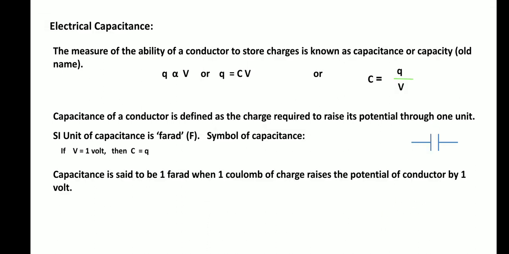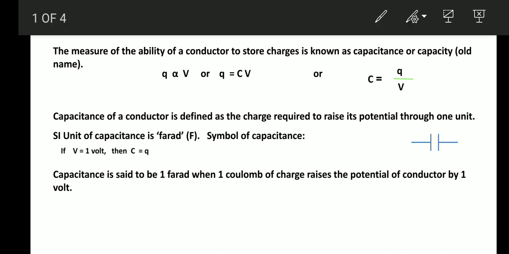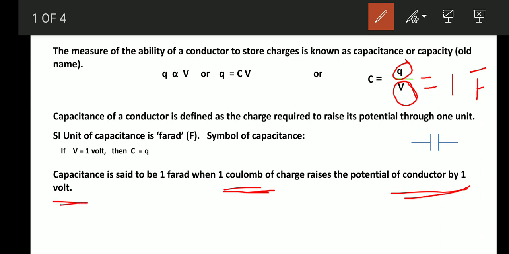Now the capacitance is said to be 1 farad when the charge is unit and the potential is unit. Then only it will equal 1, correct? That is, 1 coulomb of charge raises the potential by 1 volt.